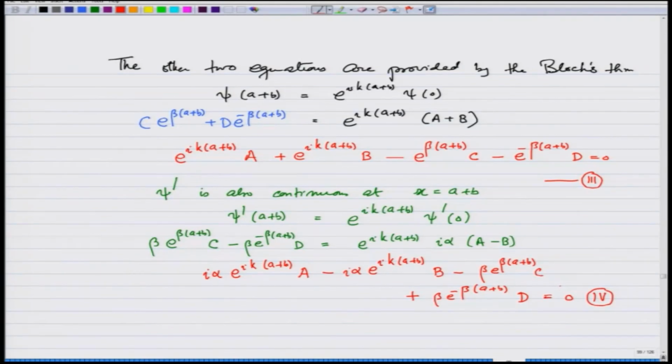I am not going to reproduce these equations, but what I will write on the next page is that the form of the equation is some coefficient times A plus some coefficient times B plus some coefficient times C plus some coefficient times D equals 0, and I have 4 equations like this.